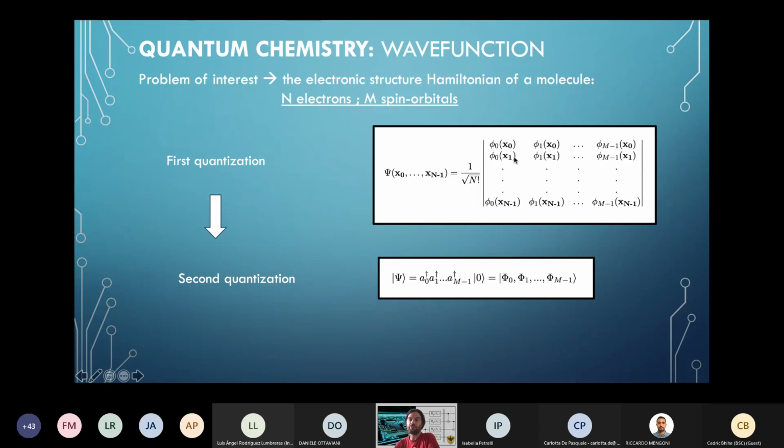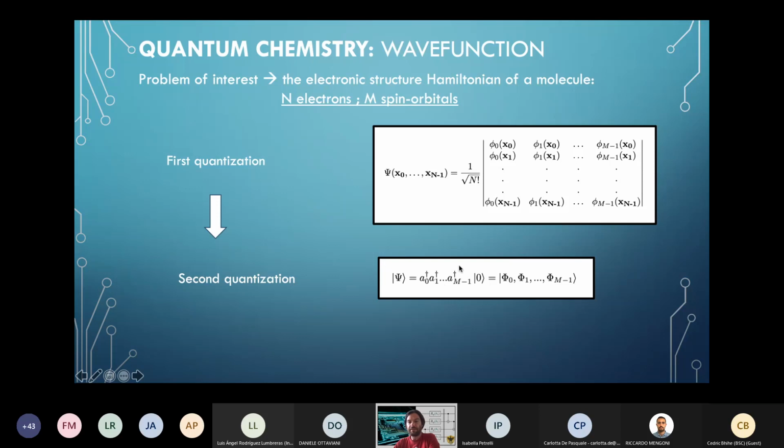But it's very convenient to go beyond this description and use what is called the second quantization. Second quantization allows the description of the state. So in this slide, n is the number of electrons. And each electron is described by an orbital, which you might think of as, for instance, the atomic orbitals, which describe the state of a single atom.